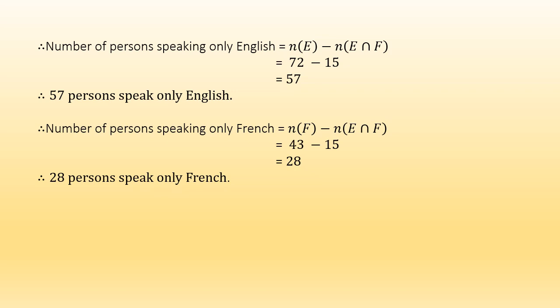So here we come to the end of the first sum. Let's proceed to the next sum, that is sum number 6. Sum number 6 we have. Here comes the question.